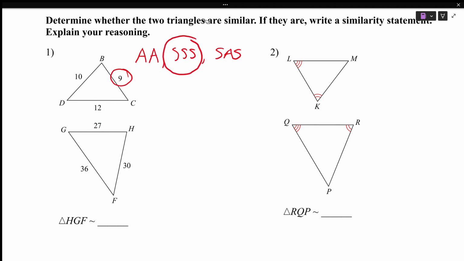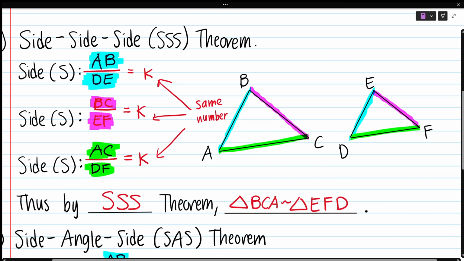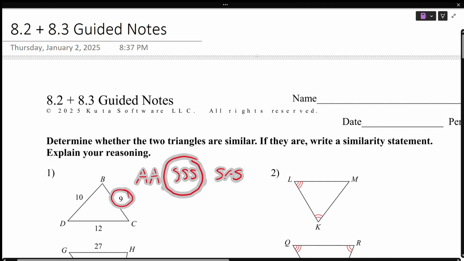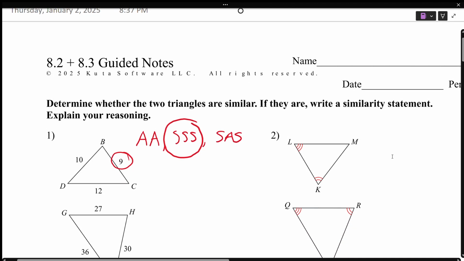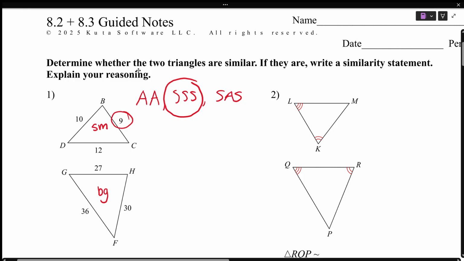Okay. Now, using this definition here, we need to set up a ratio of corresponding sides. So that part might be tricky. How do I know which side is congruent to which side? So on the smaller triangle, right, we have these sides, 9, 10, and 12. So I'm asking myself the question, between 9, 10, and 12, which one's the smallest?